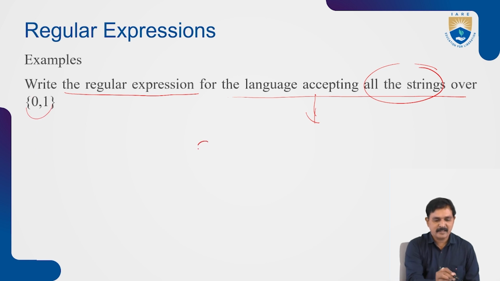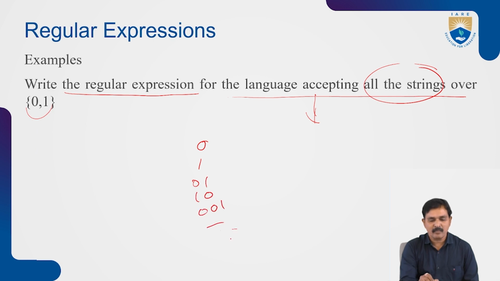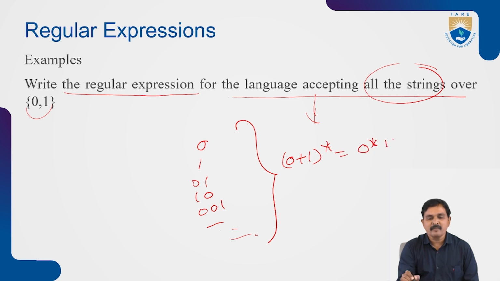What symbols are you using? The symbols are 0 and 1, so it may be a single 0, a single 1, 01, 10, 001, any combination. In that case the regular expression you must remember is (0 plus 1) whole star, which is equal to (0 star 1 star) whole star.